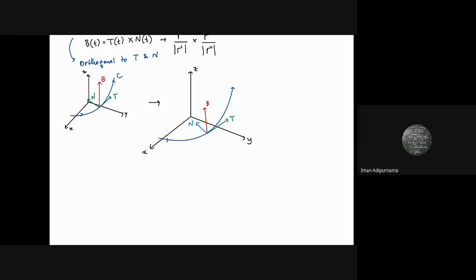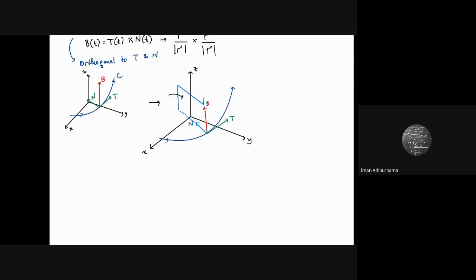The plane that is parallel to this N is called the normal plane.